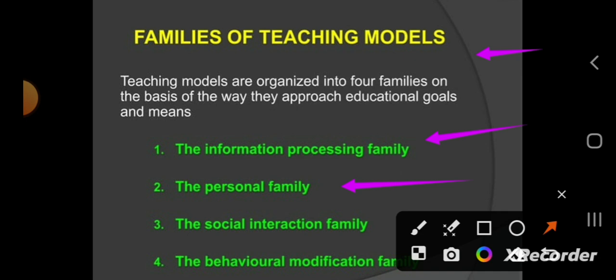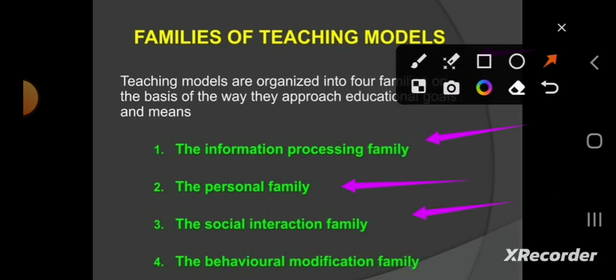The personal family. Models in this category center on individual students' needs, interest, and personal development. They aim to foster self awareness, motivation, and emotional growth. Teaching methods are often tailored to accommodate diverse learning styles and personal goals, emphasizing student autonomy and self directed learning.